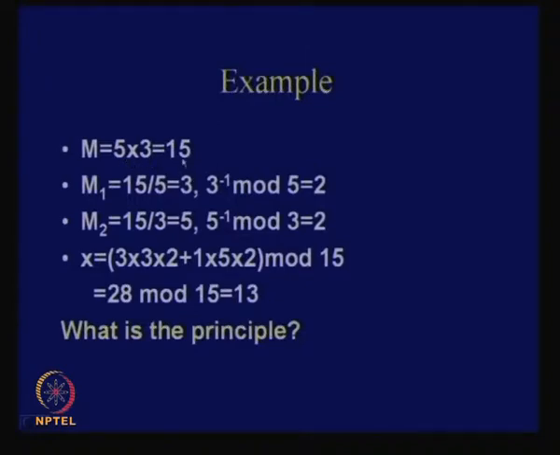Then I take 15 and divide it by the first mi value, that is 3, and then I take 3 inverse mod 5, which will be 2. Similarly, I take 15 divided by 3, I get 5, and I take the inverse of 5, which is 2. So x you can actually write in this fashion.